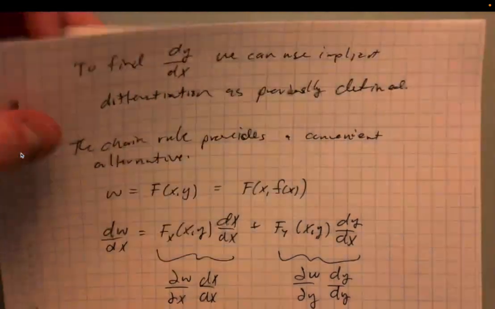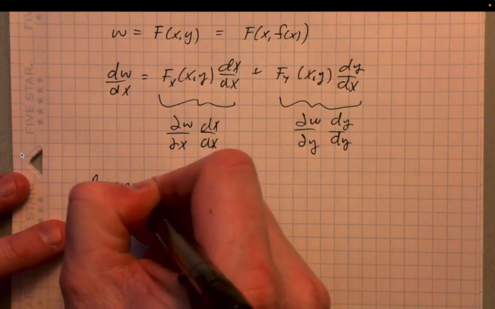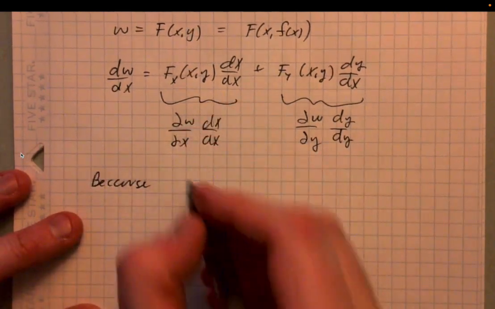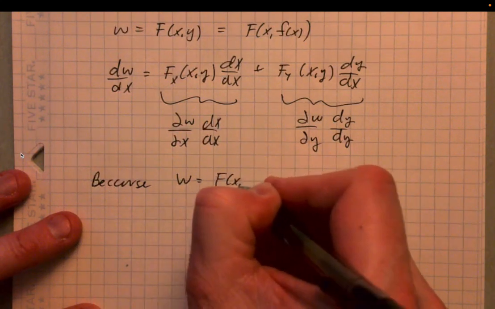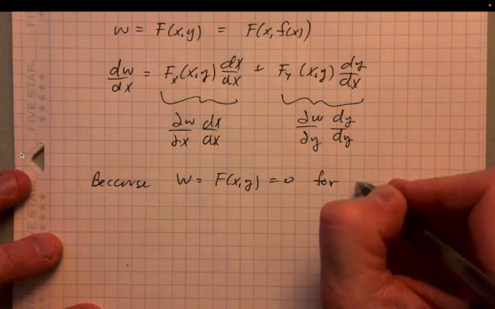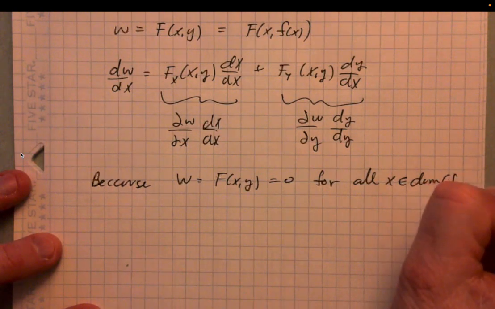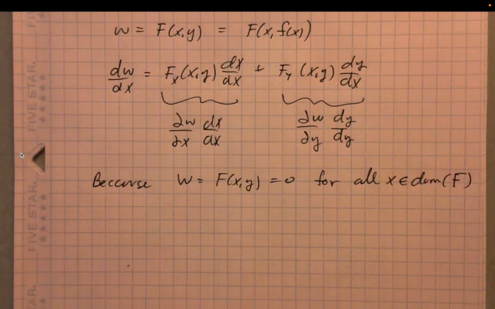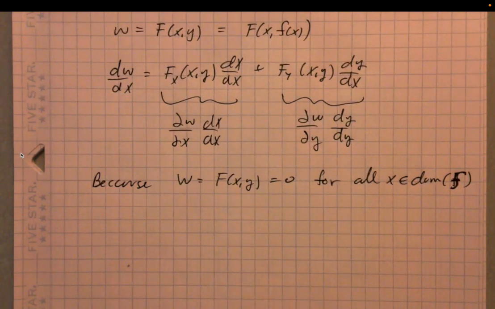So hang with me here because we had this assumption that big F was 0. Because w equals F(x, y), which was equal to 0, and that's going to be true for all x in the domain of little f. Because that's true, we know that the derivative is equal to 0 as well.